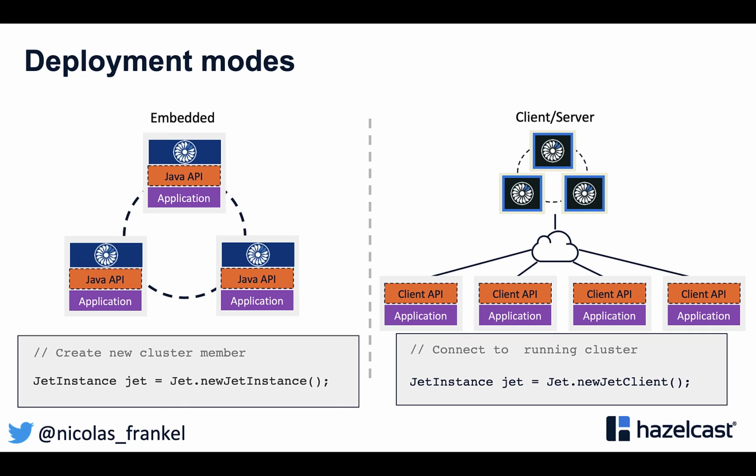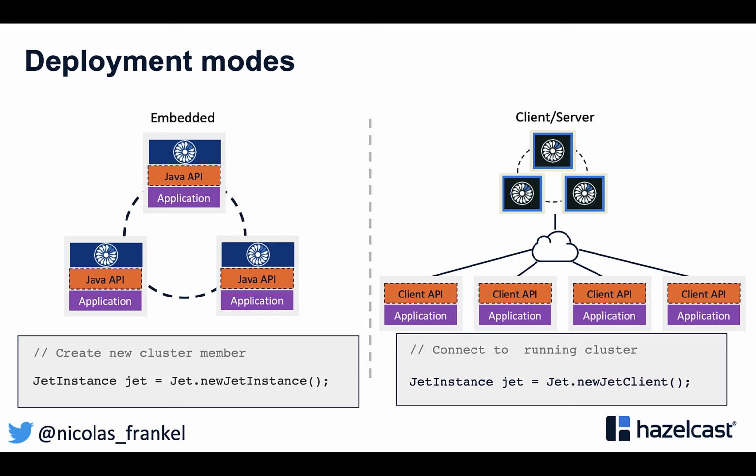Now, this is all well and good, but it has some downsides. The main downside is that in that case, your Java application and the Jet nodes must scale together. And this is not always desirable. In general, in production, this is not what you want.